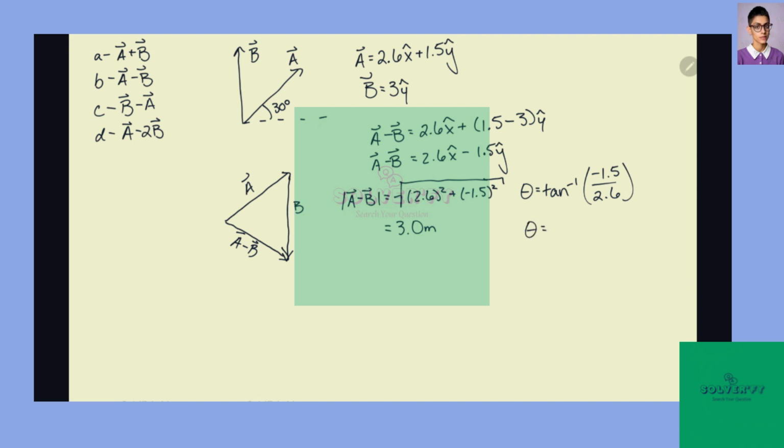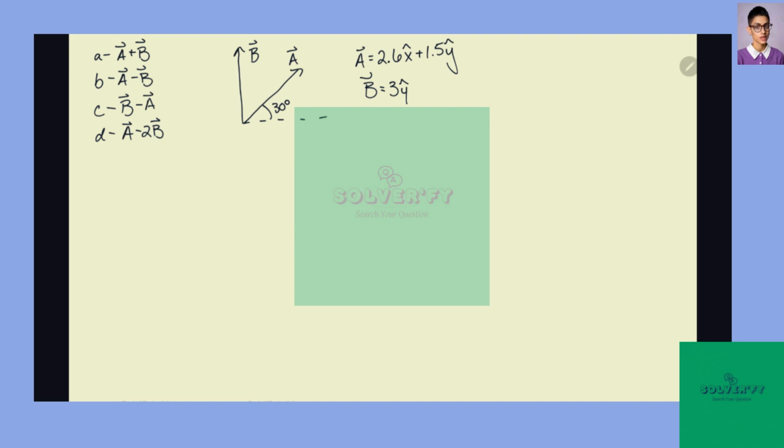And that will give us an angle of negative 30 degrees. So our predictions kind of came true. A minus B is a little bit of a shorter vector, and it also has a negative angle, so it's below the x-axis. So I'm again going to erase to make room for part C.